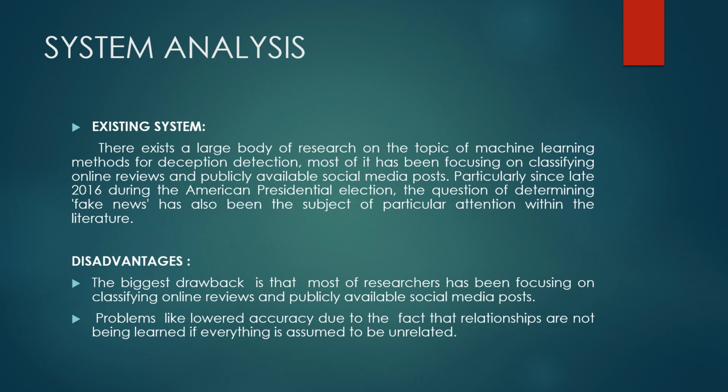It has focused on classifying online reviews and publicly available social media posts, particularly since late 2016 during the American presidential election. The question of determining fake news has also been the subject of particular attention within the literature. And what is the disadvantage of the existing systems? The biggest drawback is that most researchers have focused on classifying online reviews and publicly available social media posts.